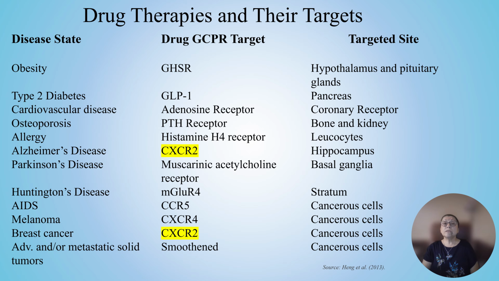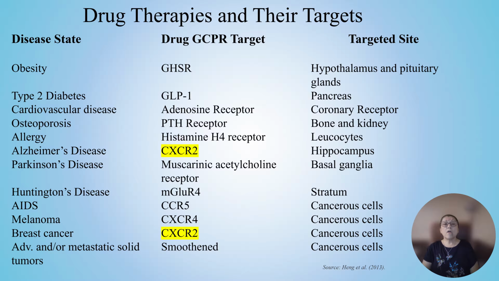For type 2 diabetes, the target is a GLP-1 receptor, which is mainly associated with the pancreas. And this allows the pancreas to take up glycogen at a better rate.